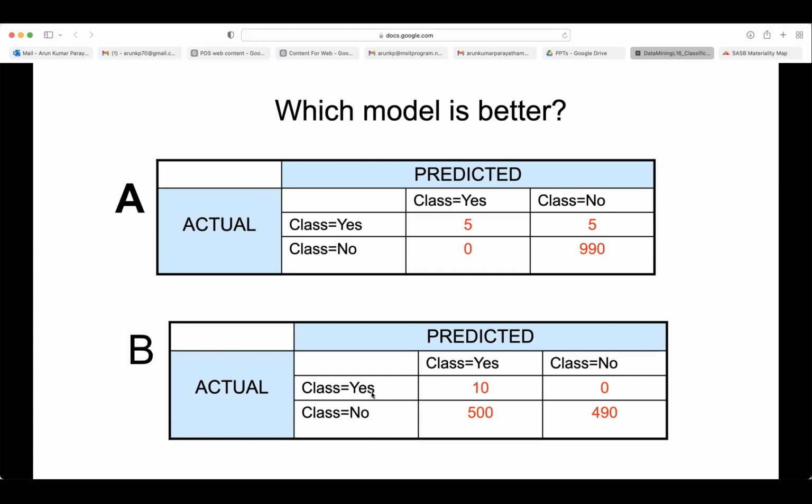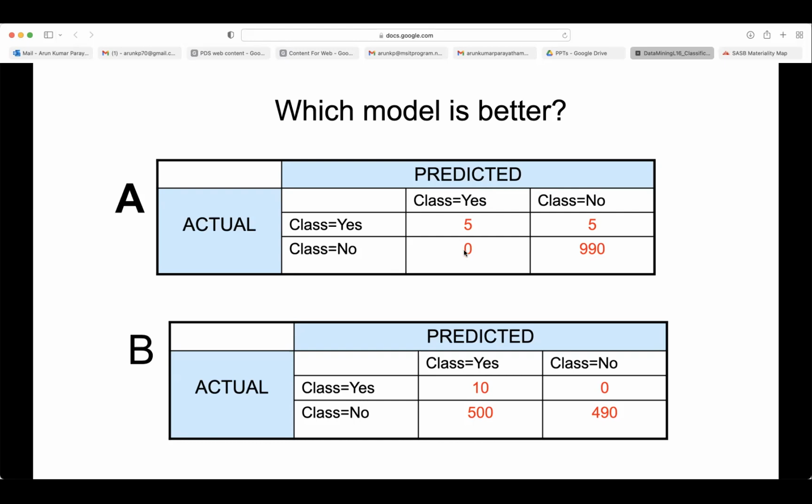So how many are you able to identify by prediction? All the 10, but we predicted 500 others as well. That's okay, I'm talking about the recall. Recall is 10 by 10, so you got 100% recall. And precision is 10 by 510. You said 510 people are fraud, but only 10 people are fraud. So precision is very, very small here, but recall is high.